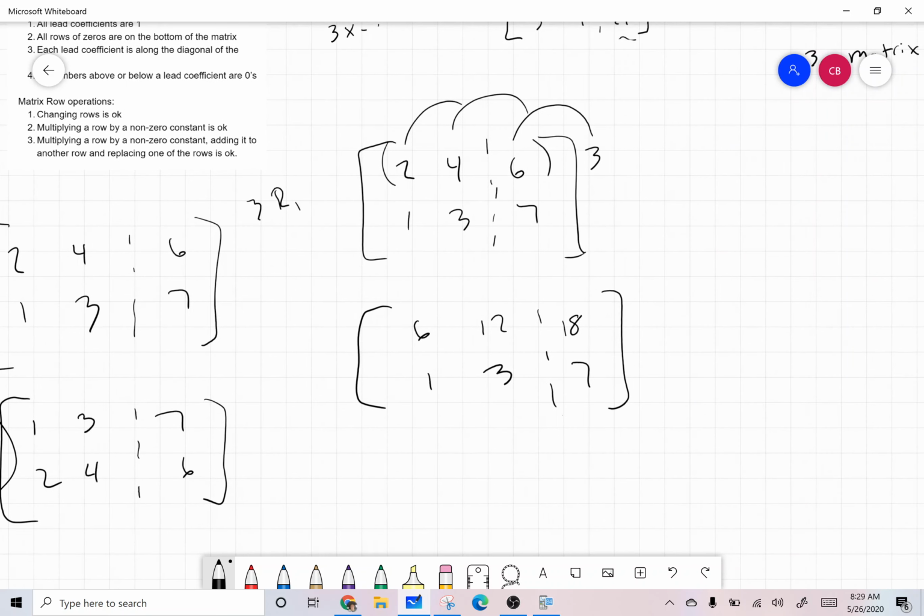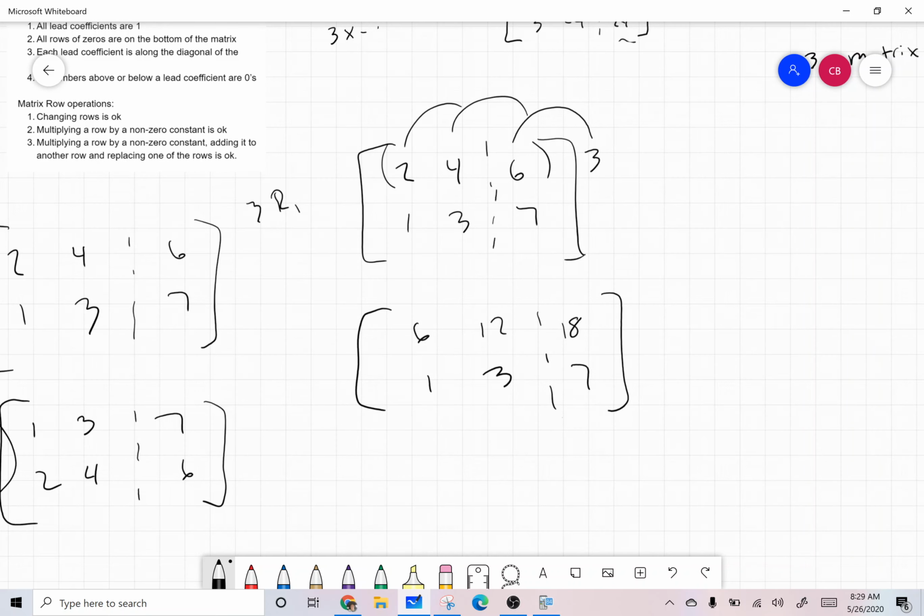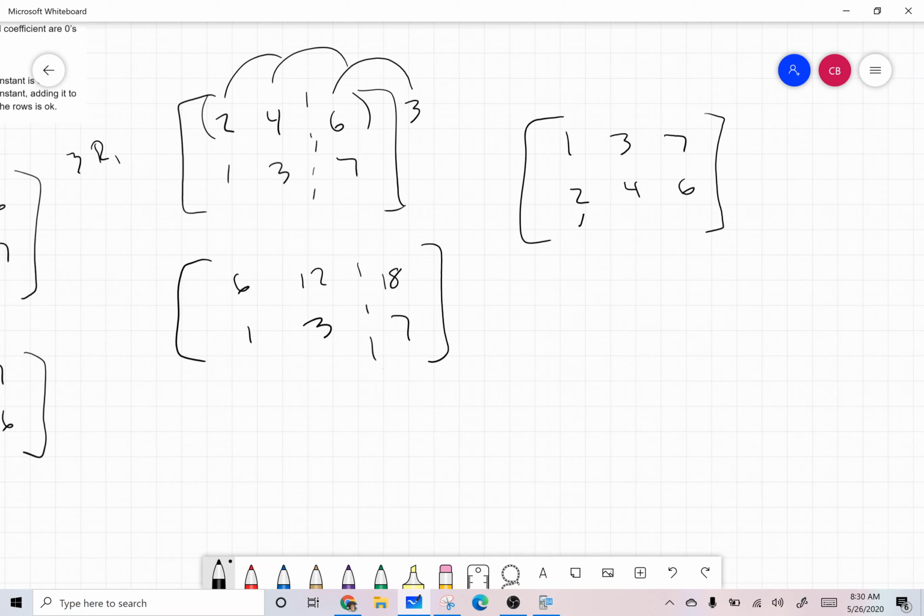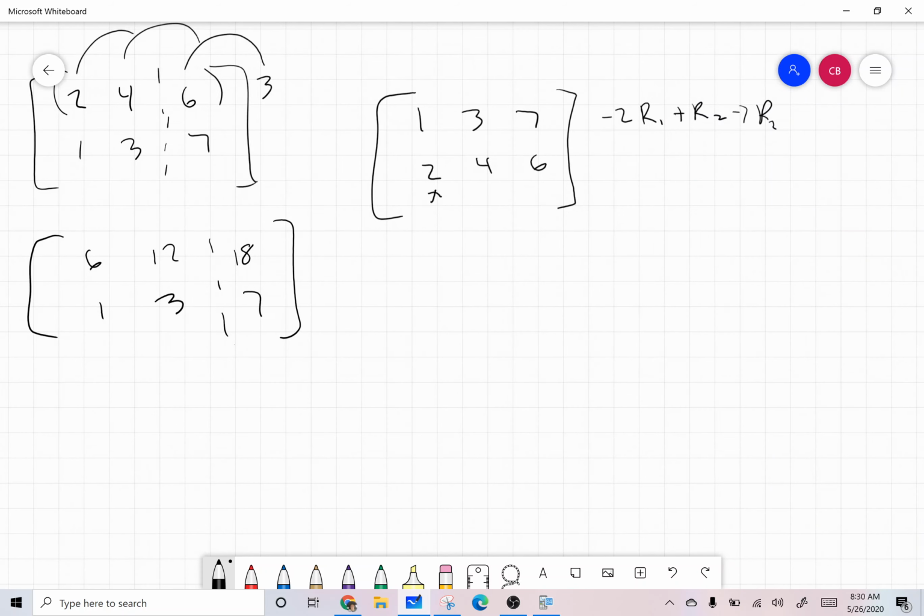Okay, and then the last one you can do is multiply by a non-zero constant and then add it to another row. So let's do that. We have 1, 3, 7, and 2, 4, 6. The goal here is to get this to be 0. So I'm going to practice with this problem. I'm going to do -2 times row 1, add it to row 2, and yield row 2. Okay, this arrow is like an equal sign.